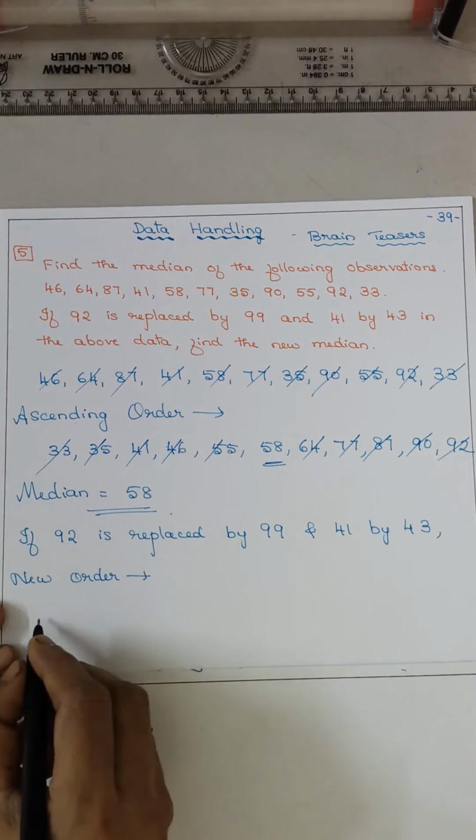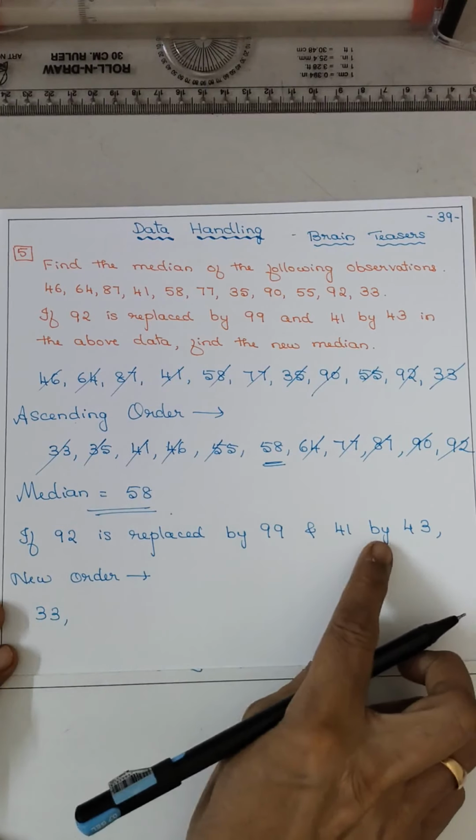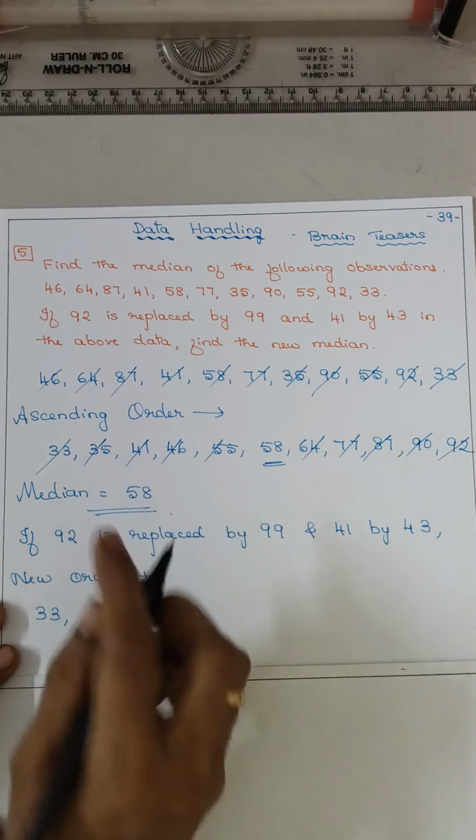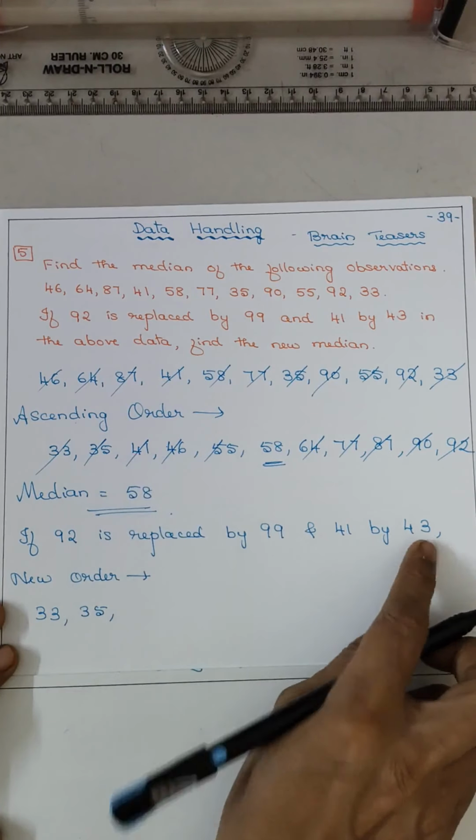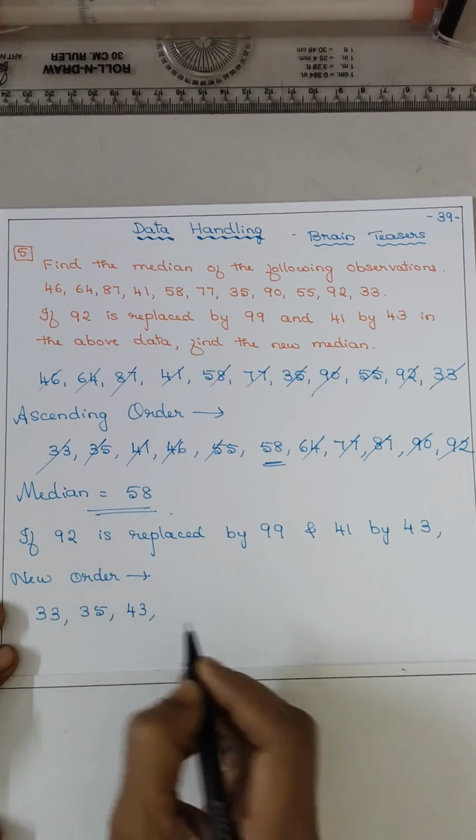So first 33, 41 is replaced by 43. So 33, 35 as it is. Instead of 41 you have to write 43.